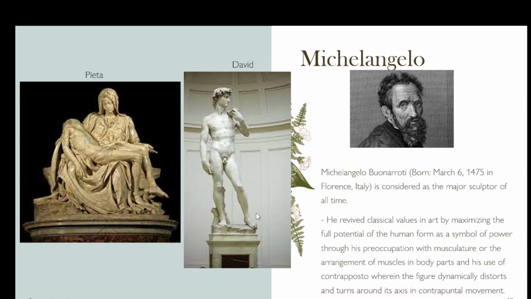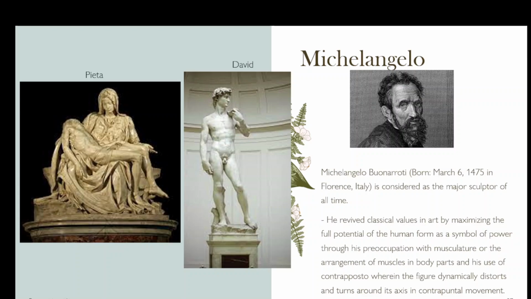Tulad na makikita ninyo dito sa sculptures niya ng Pieta and David, no, yung mga katawan, yung mga muscles, diba? Yung details ng muscles, ng skin, kitang-kita sa hubog ng kanyang ukit, no? Famous si Michelangelo diyan.